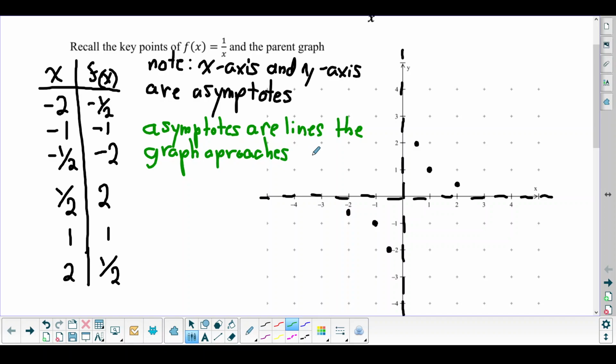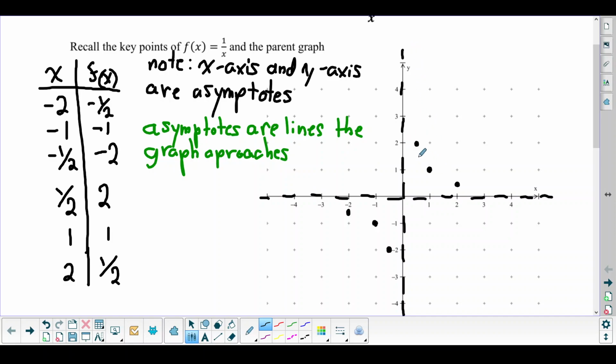Okay, so an asymptote is a line our graph approaches. Now, some people will say an asymptote is a line the graph approaches but doesn't cross. That's usually true, and in grade 11 that's always going to be true, but I'm not going to write it down because it's technically not always true. But that's a good way to think of it.